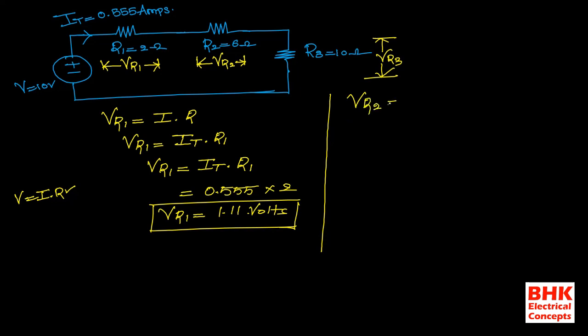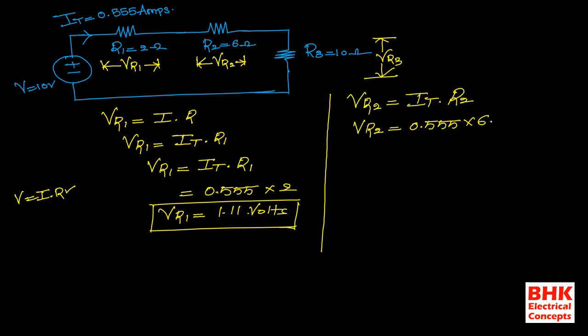Now how to find the voltage drop across resistance R2? The voltage drop VR2 is equal to the current flowing through the resistance, IT, into R2, because the total current flowing through the resistances is always the same, as all these resistances are connected in series. So VR2 is equal to 0.555 into 6 ohms.